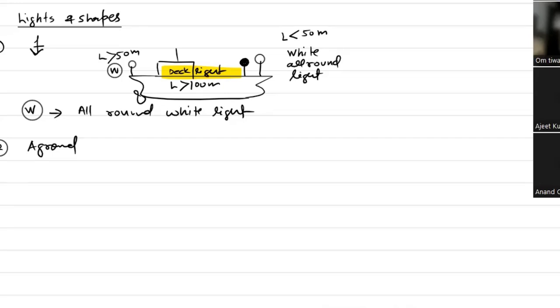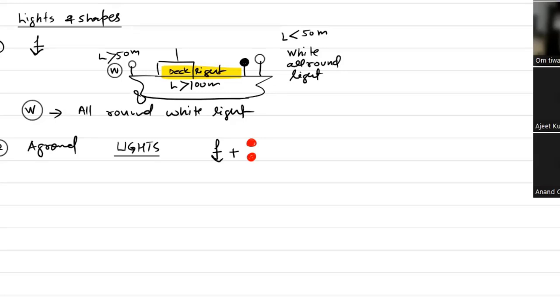Let me give you a quick formula. And we are talking about lights, not the shapes. Lights means anchor light plus 2 all-round red lights. That's it. Yes, sir.